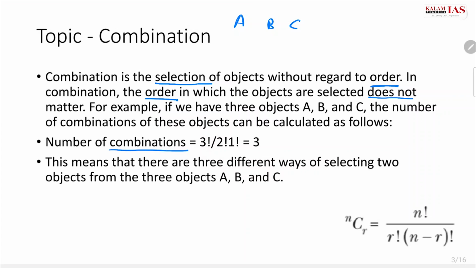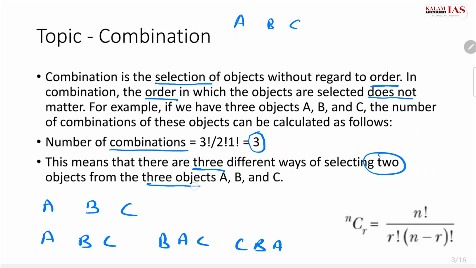The number of combinations is 3 factorial divided by 2 factorial, that is 3. If we have 3 objects, there are 3 possible ways of picking 2 objects. First we pick A, B, then A, C, then B, C. So basically there are 3 different ways of selecting 2 objects from 3 objects A, B, C. And this is the formula of combination, nCr.